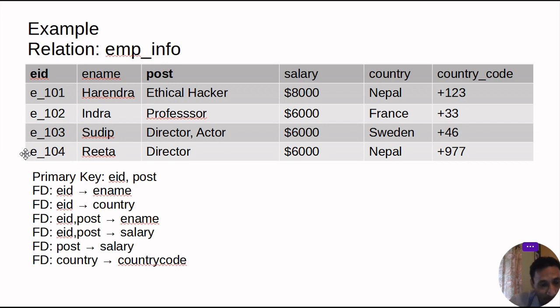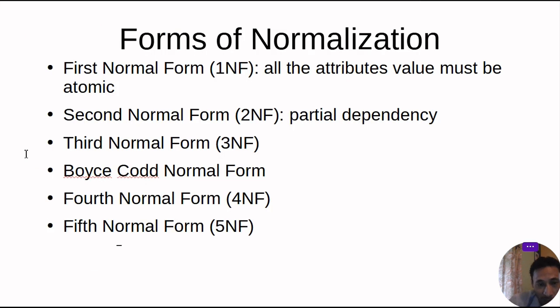So now let's talk about third normal form. Third normal form talks about transitive dependency.